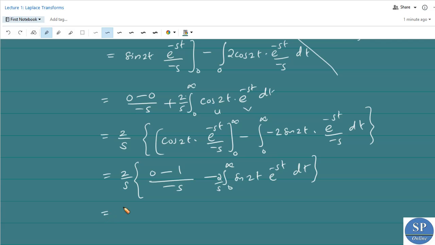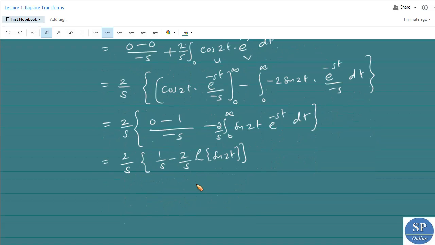So this is equal to 2 by s into 1 by s minus 2 by s into the Laplace transform of sine 2t, which is equal to 2 by s square minus 4 by s square into the Laplace transform of sine 2t, that is L of sine 2t is equal to this.